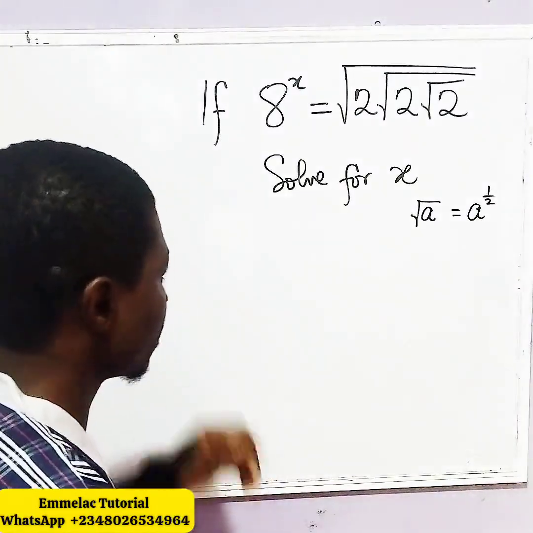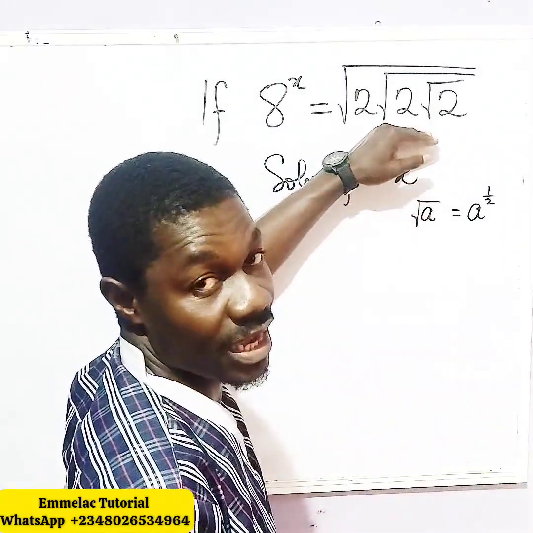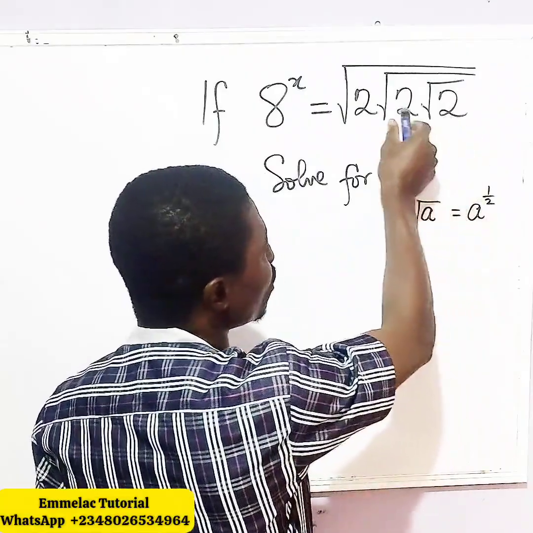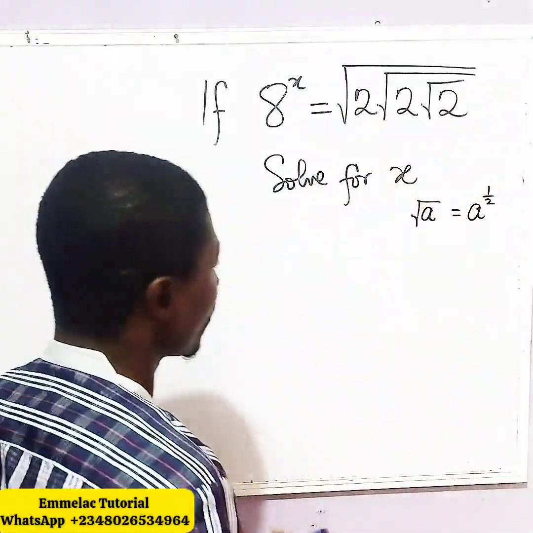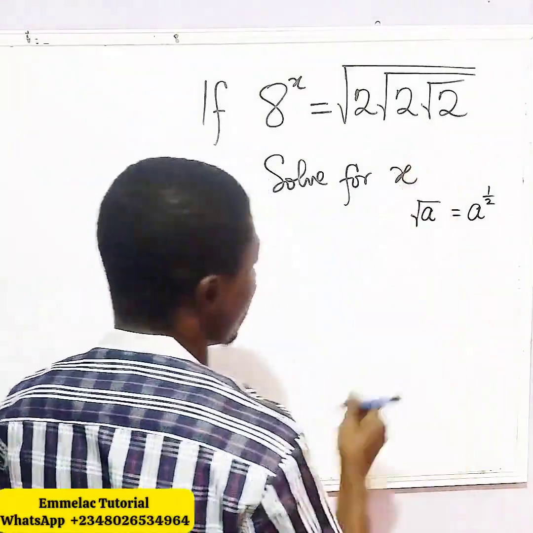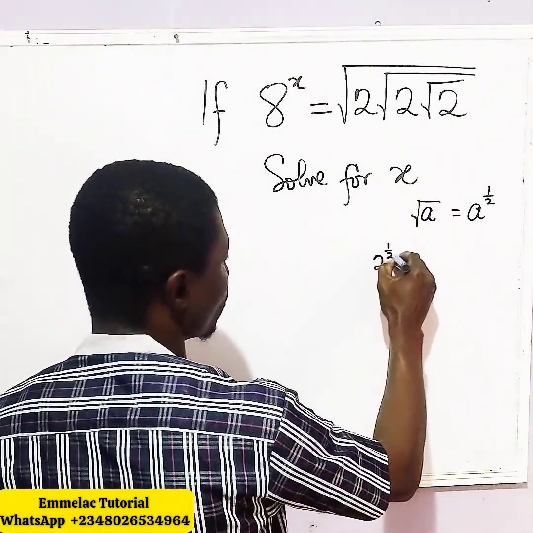Alright, so let us look at the right hand side of the equation and apply this rule to each of the radicals here. Here we have 2 raised to 1 over 2.